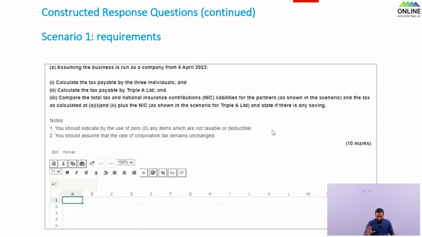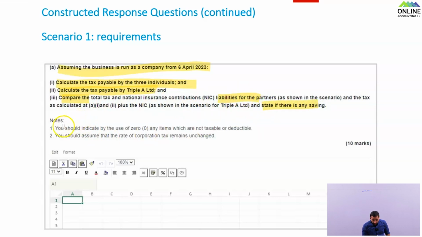If you can, yes, the screen will be enlarged, and here you can see: assuming the business is run as a company from 6th April 2023, calculate the tax payable by the 3 individuals, calculate the tax payable by AAA Limited, and compare the total tax and NIC liabilities for the partners and the tax as calculated plus the NIC, and state if there is any saving.